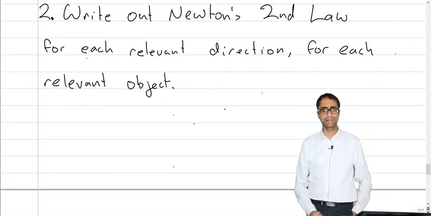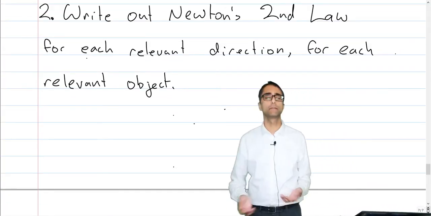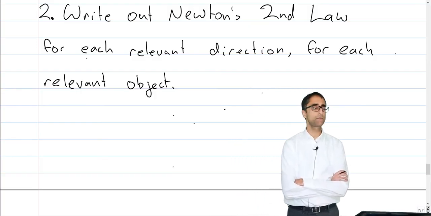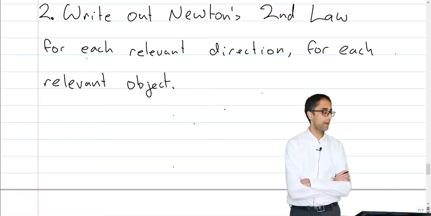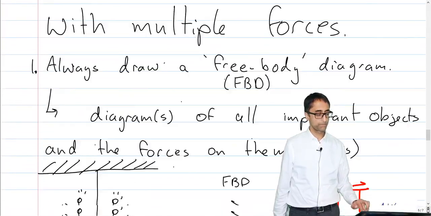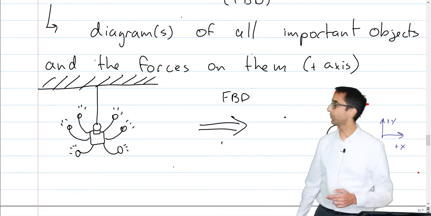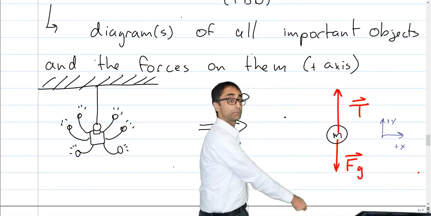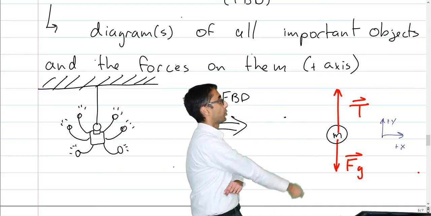And of course you're saying to yourself, how do you know if something is relevant? How do you know if a direction is relevant? Well, essentially, if you have any forces going in a direction, it's relevant. If we have this problem that we had before, only the y direction is relevant. Only the y direction has forces going up and down.